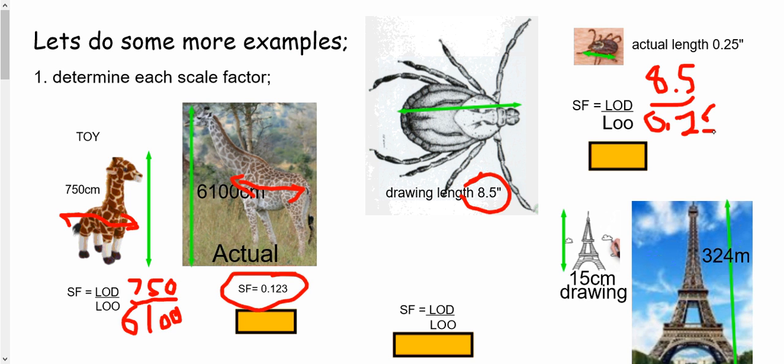See, I'm just filling this stuff in. Grab my calculator, 8.5 divided by 0.25. And I get 34. Check that out. That's a big number. That's a lot bigger than 1. In fact, it's 34 times bigger than 1. I think we're going to be able to come up with some kind of a rule soon.